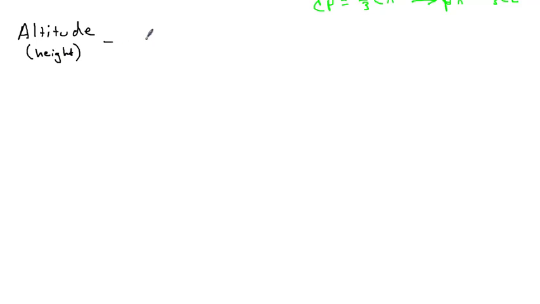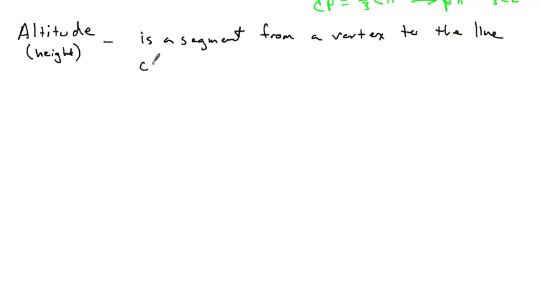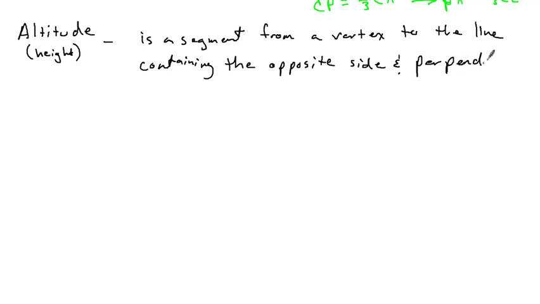Okay, so an altitude is a segment from a vertex to the line containing the opposite side and perpendicular to the line containing that side.